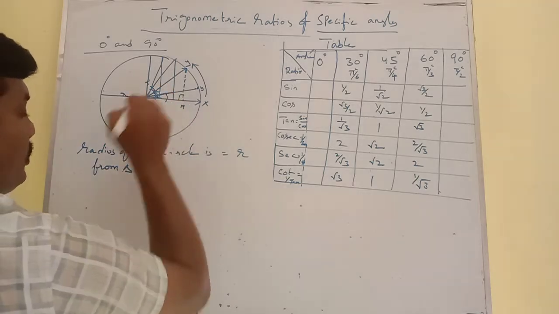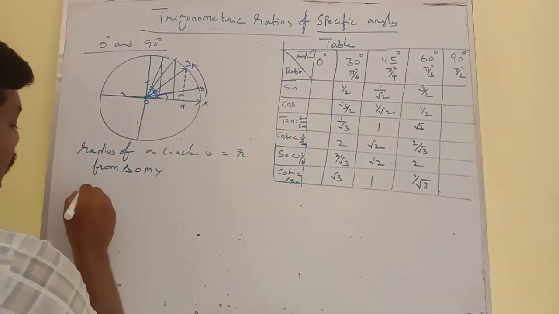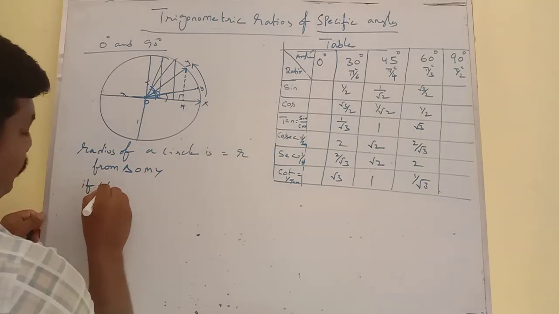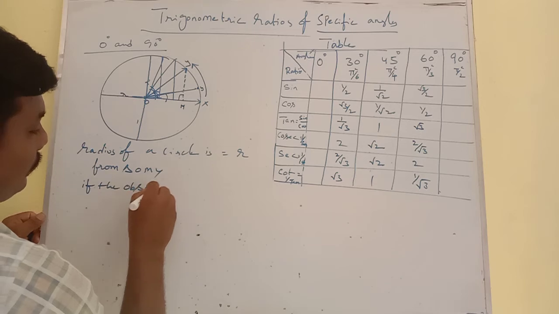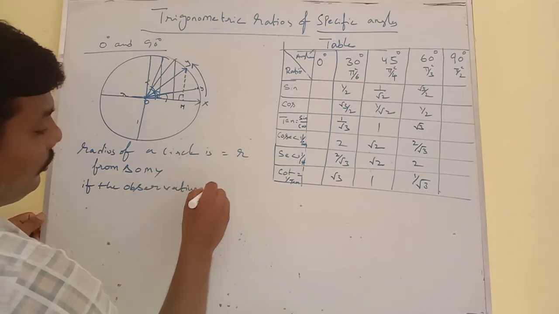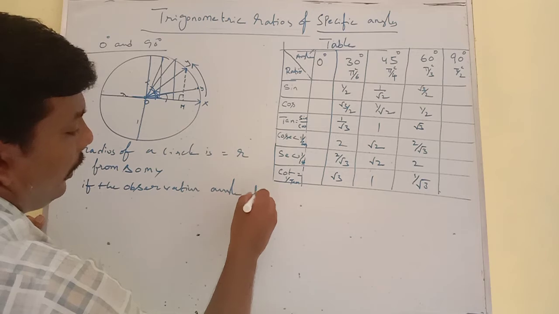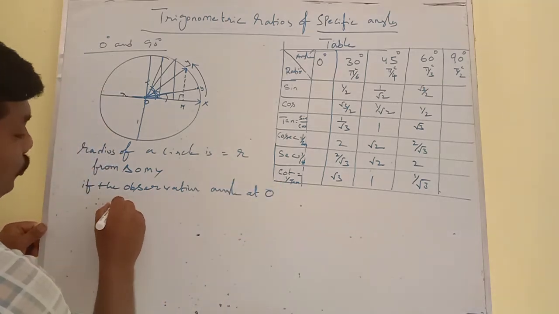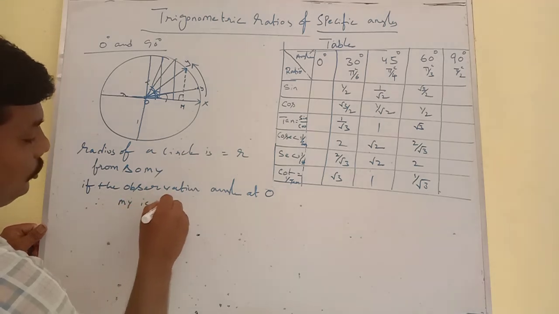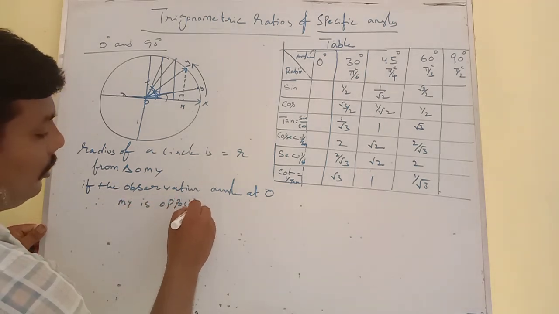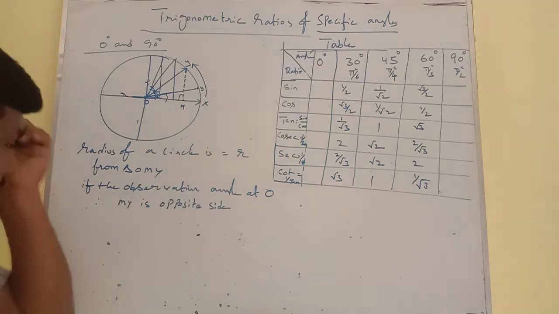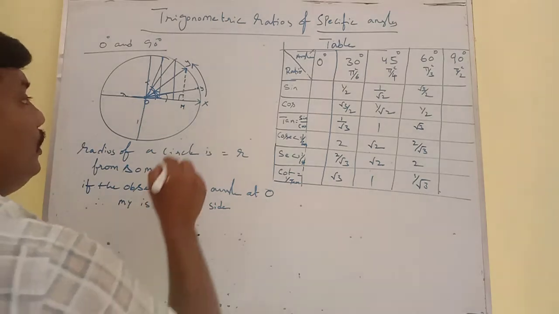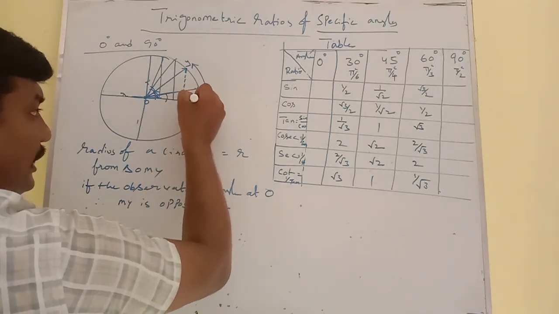Let me consider the observation angle at O. Therefore YM is the opposite side, and the hypotenuse will be the same. Hypotenuse is the radius. So the length of the perpendicular decreases.